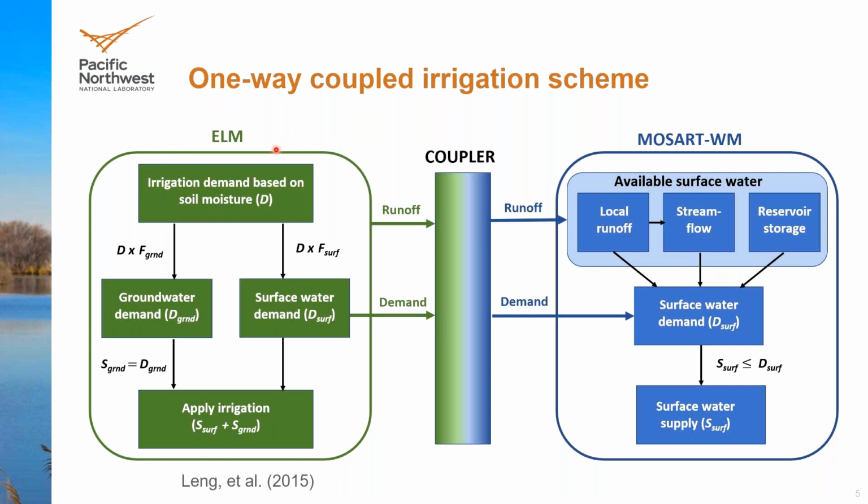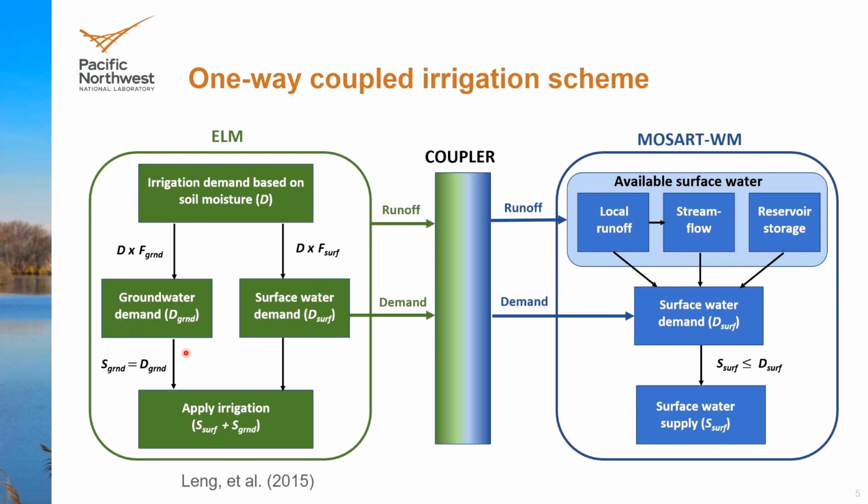In ELM, the irrigation scheme evaluates the irrigation demand based on the soil moisture at each time step, and it separates this soil moisture based demand into two parts. One is sourced from groundwater, one from surface water, based on a fixed fraction. For example, 20% from groundwater and 80% from surface water, and this fraction is fixed.